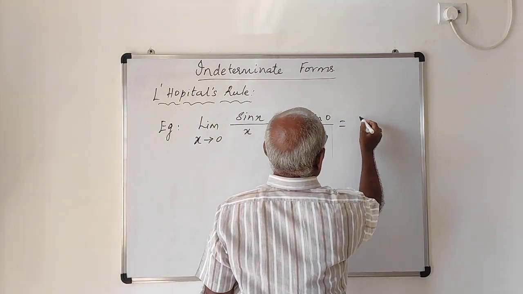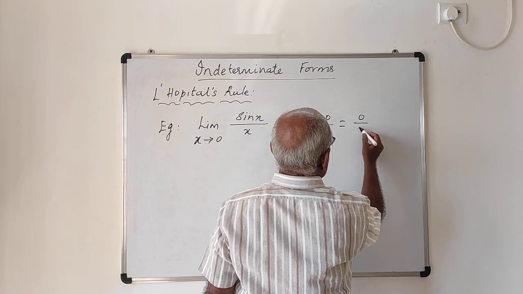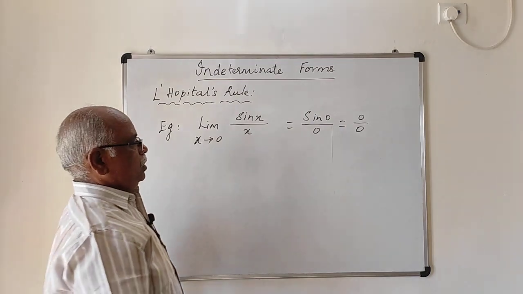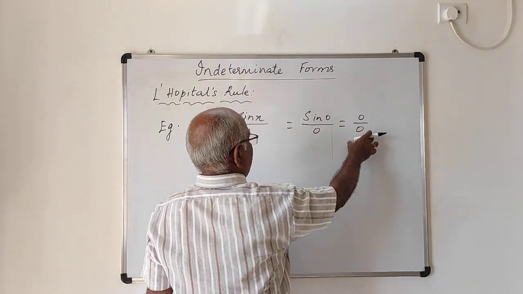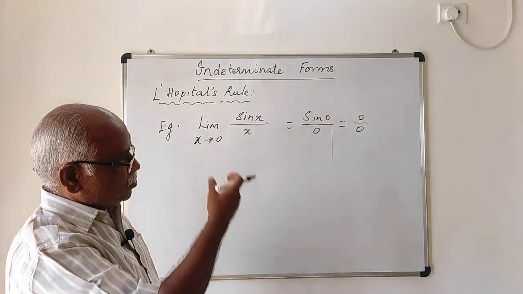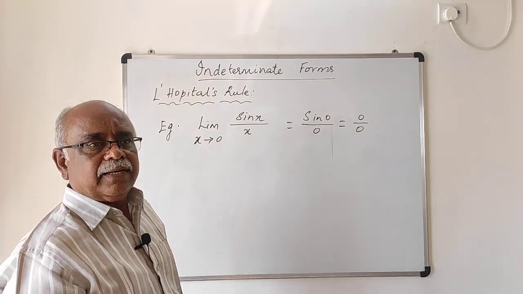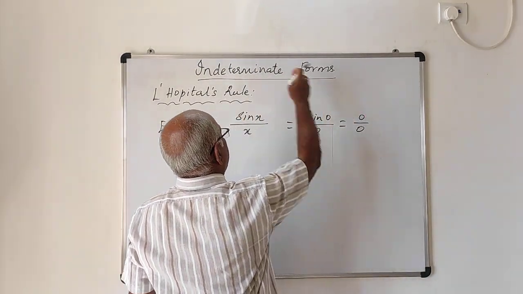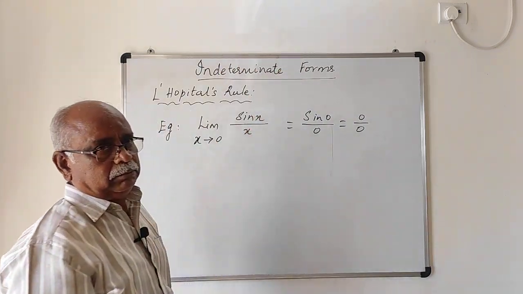You know sin 0 is 0, and another 0 in the denominator. So it is of the form 0 by 0. This form 0 by 0 cannot be simplified further and does not give any answer. It is an indeterminate form. 0 by 0 is called an indeterminate form.